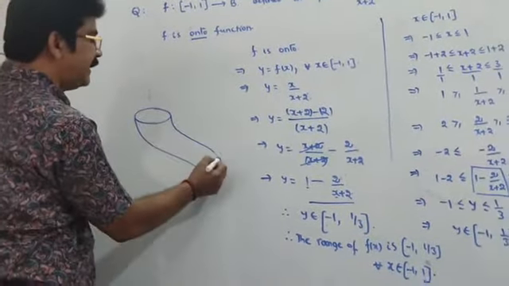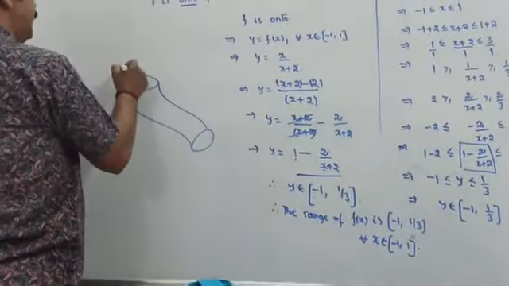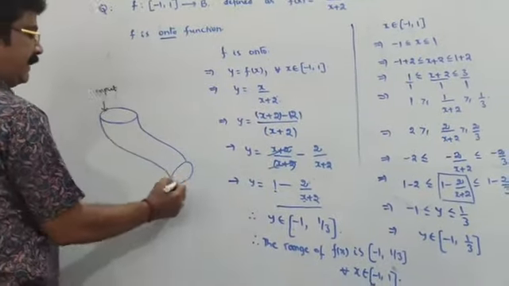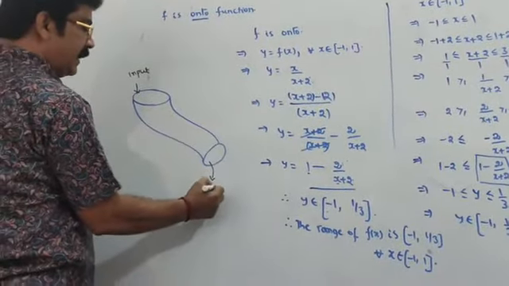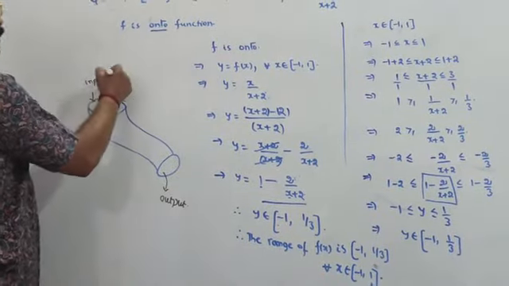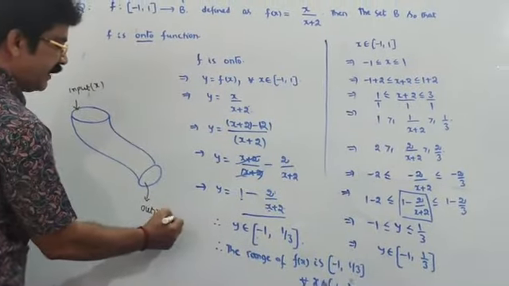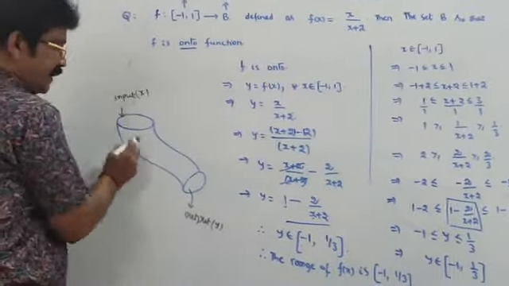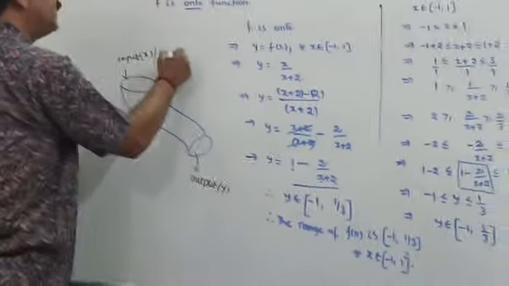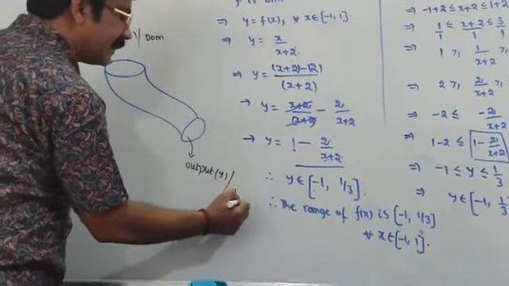Already I said this is the input, and this will be the output. Input means the values of x, output means the values of y. It is general language. In mathematical language it is called the domain and it is called the range.